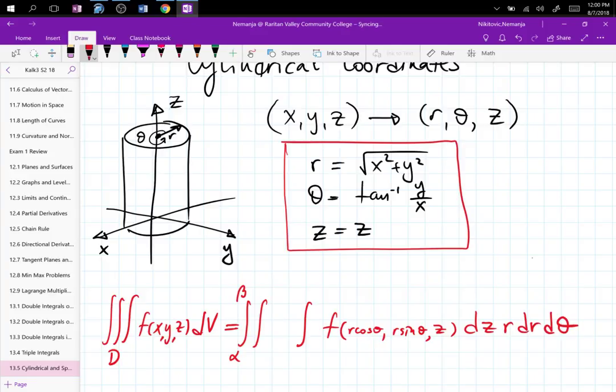There we go. And I have to do the limits here. So we have g of theta and h of theta. And then we have a capital G of r cosine theta, r sine theta, and capital H of r cosine theta, r sine theta.